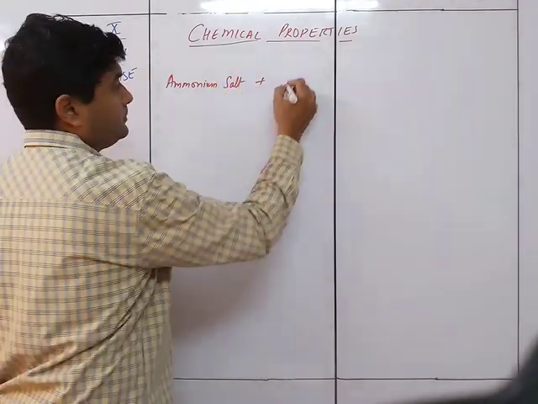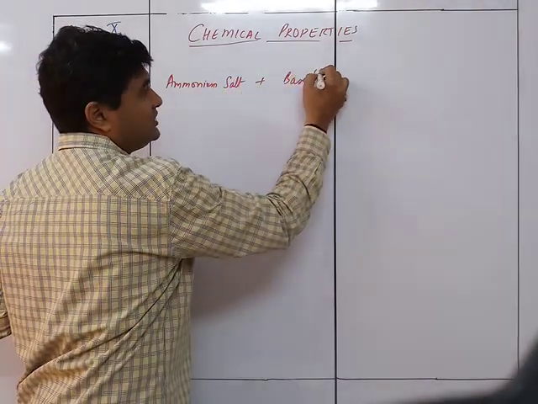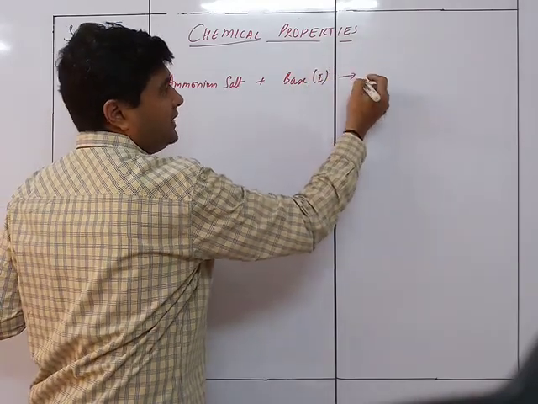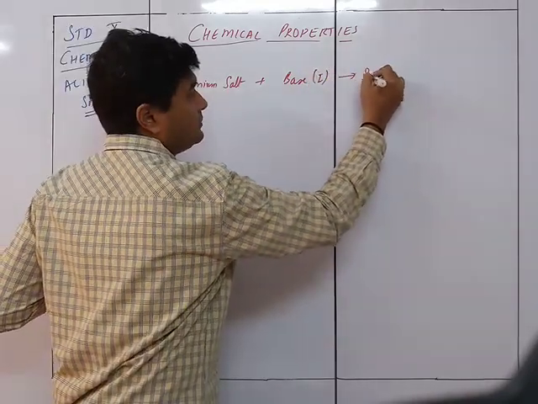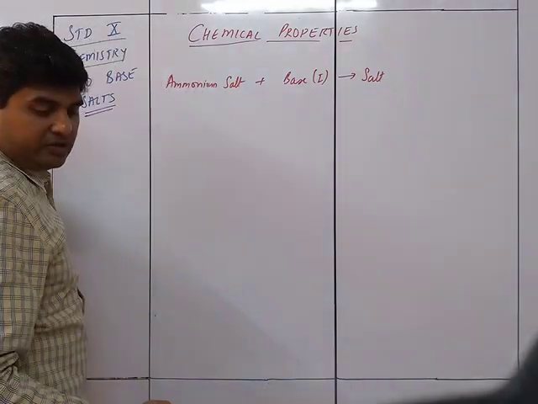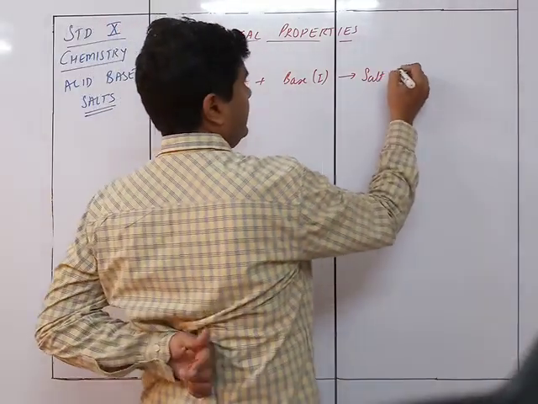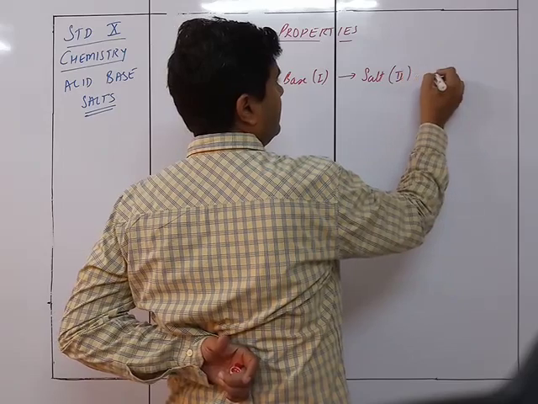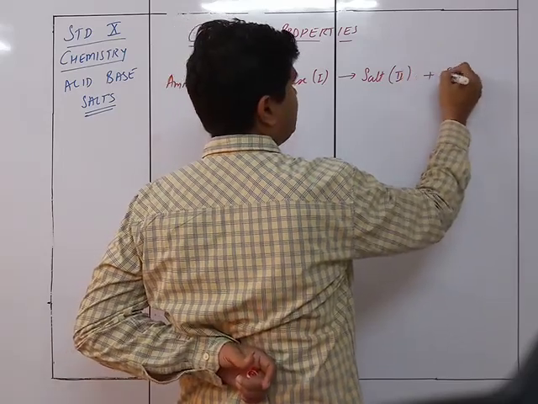plus base 1, which is less volatile, will give you a salt 2 plus a base 2.